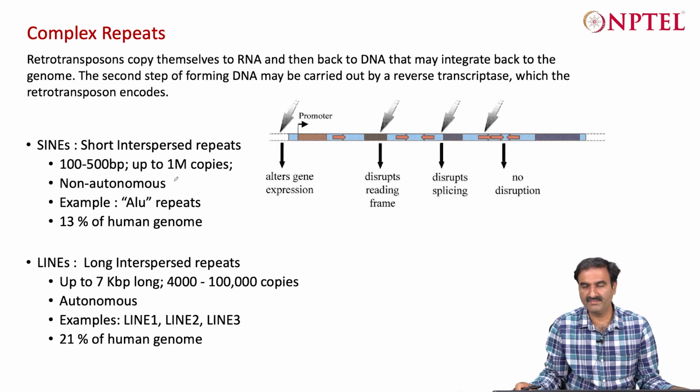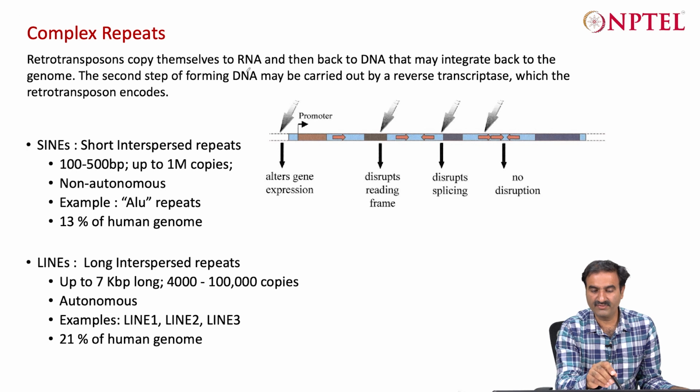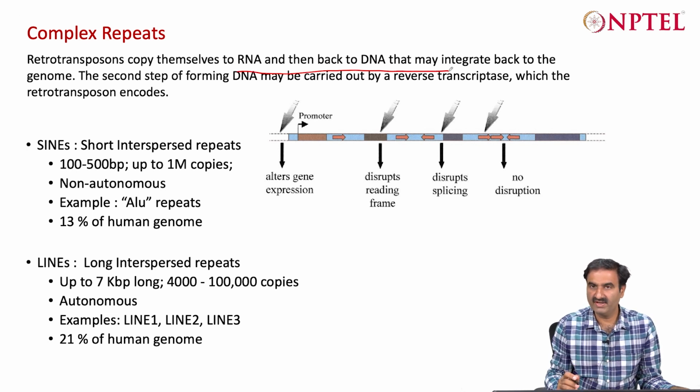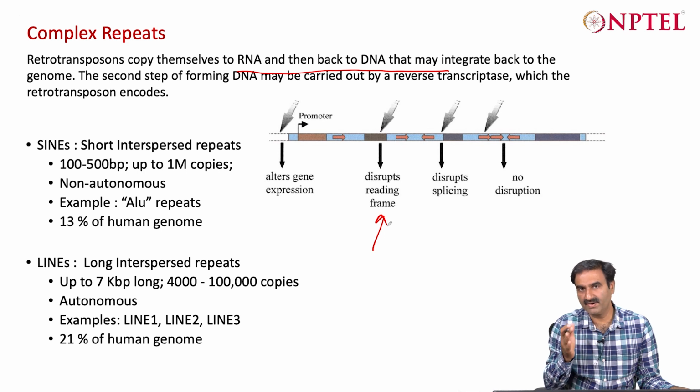This is an example of a complex repeat, like retrotransposons, which make a copy of themselves into RNA and then go back to DNA and get inserted. Wherever they get inserted, they may disrupt the reading frame, because DNA is very particular about the reading frame. I can start reading the DNA from position 1, 2 or 3, and in each of the three reading frames I will get a completely different codon structure, and ultimately a different amino acid sequence.